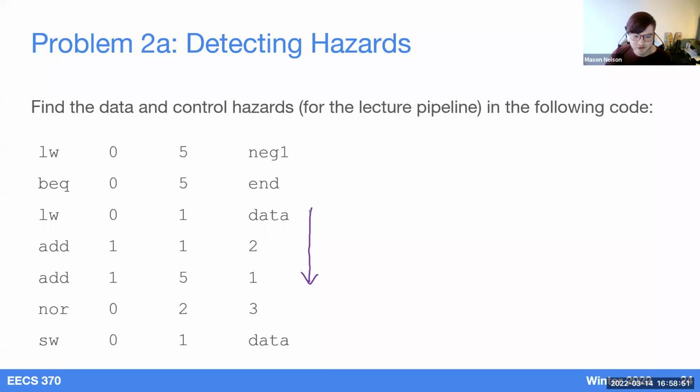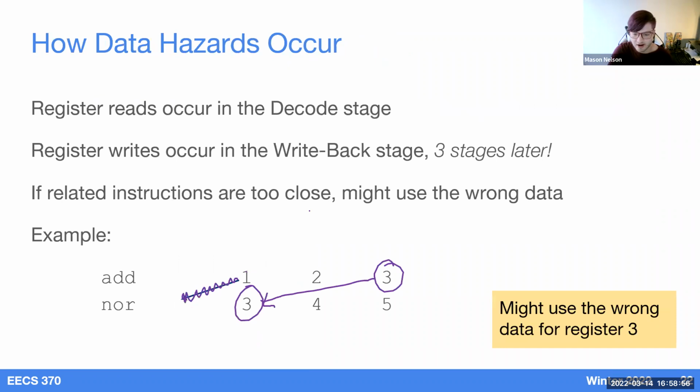Now for data hazards, we have to look back a little bit. We have to figure out just how far a data hazard might mess with us. So if we have a writing instruction in the write back stage, so I'm going to put a write instruction, and then we want whatever is reading that same value to be in the decode stage.